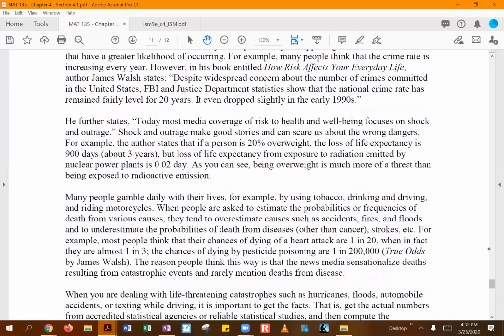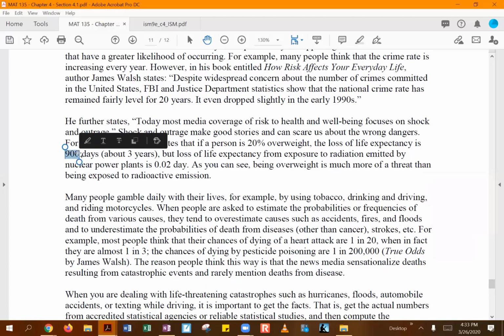Then in the same book, he's talking about how today's media coverage of risks to health and well-being focuses on shock and outrage. So shock and outrage make good stories. They can scare us about the wrong danger. So he's saying if a person is 20% overweight, the loss of life expectancy is 900 days, about 3 years.